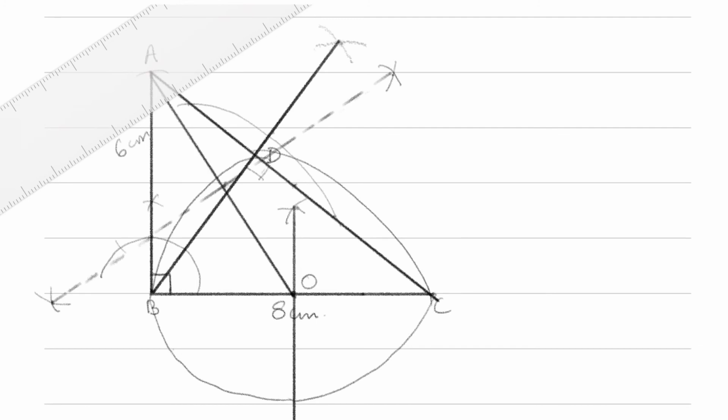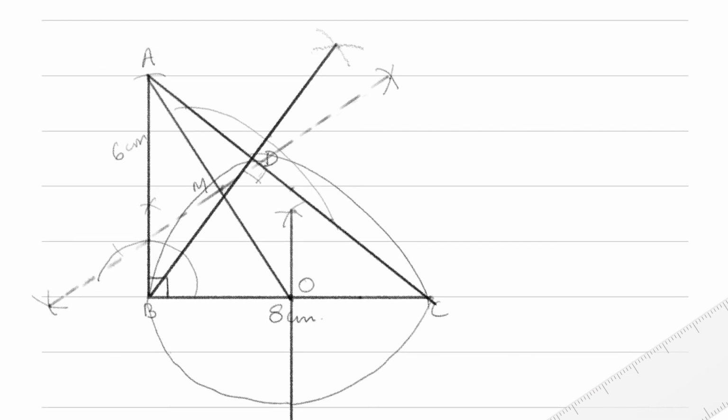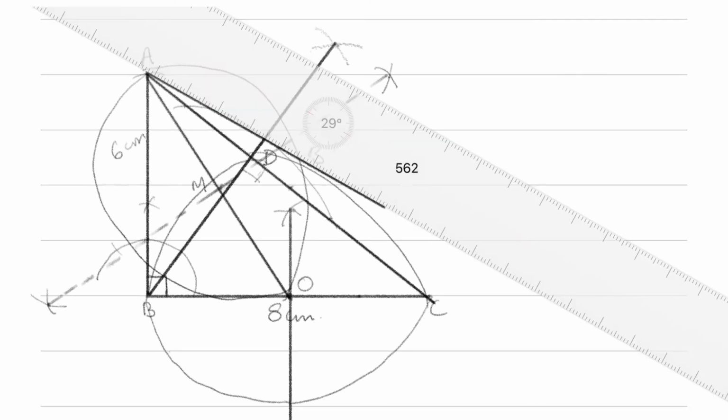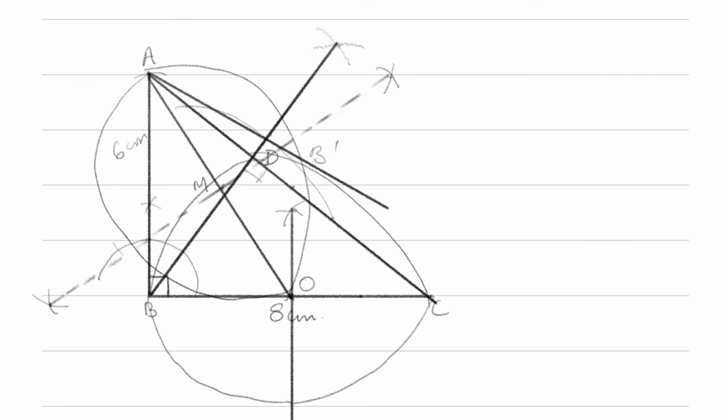We get point M. So this is the midpoint. Now taking M as the center, again we are going to draw a circle which is intersecting the previous circle at point B dash. So AB and AB dash are the required tangents to the circle.